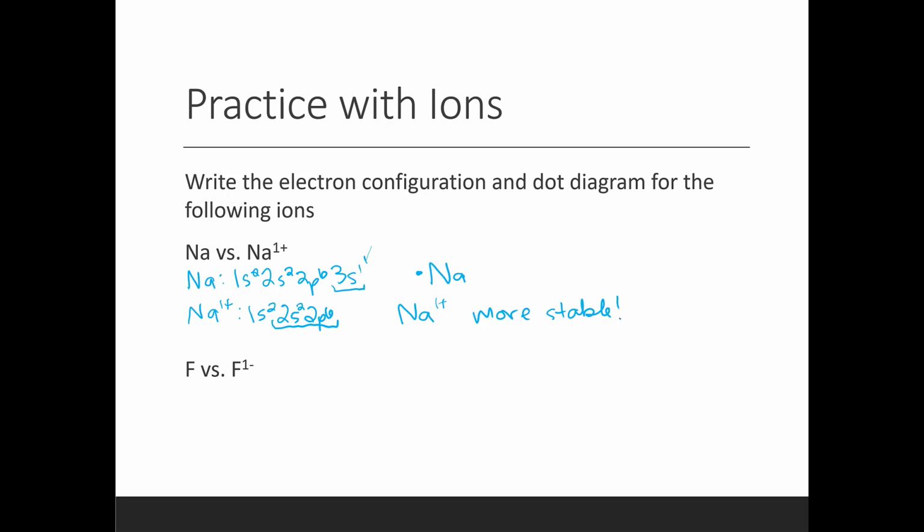Another example, this time we've got a negative 1. So if I have fluorine, the electron configuration for just regular fluorine that's neutral is 1s2, 2s2, 2p5. And if I wanted to write the dot diagram, I would see, okay, I have 7 valence electrons in that outermost energy level. So 1, 2, 3, 4, 5, 6, 7.